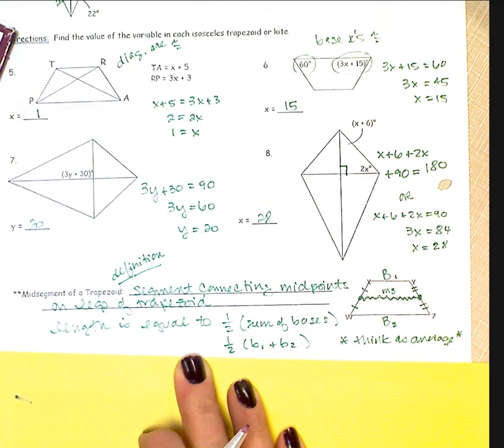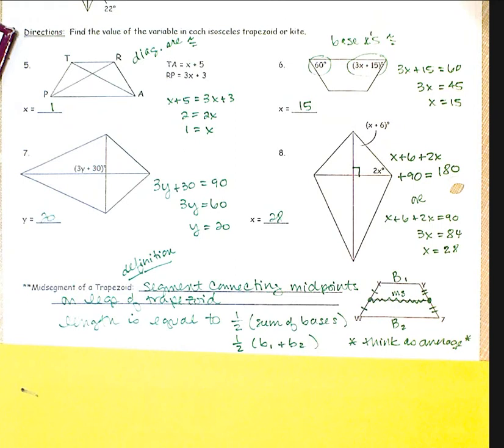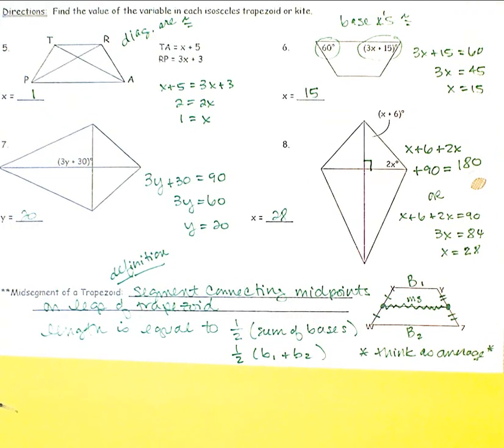Okay. So the definition of mid-segment is the segment connecting the midpoints on the legs of a trapezoid. And this length is equal to half the sum of the bases. So here's base 1, base 2. Half the sum. So think of it as an average. One half B1 plus B2 equals the mid-segment.